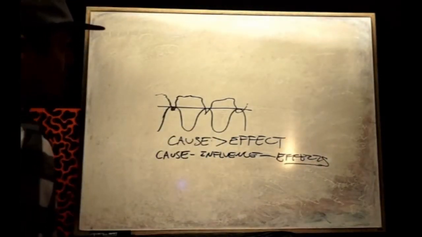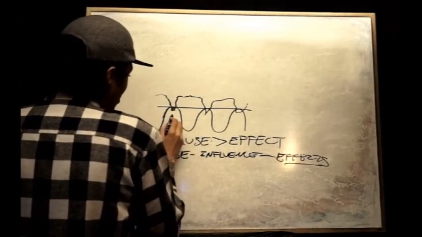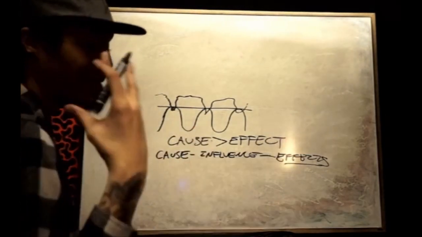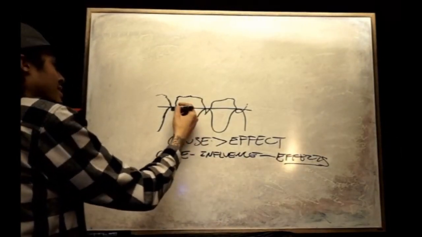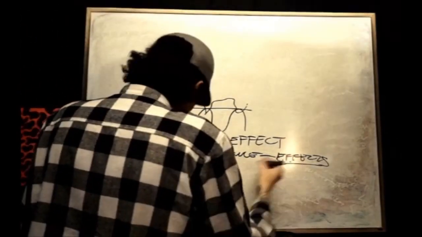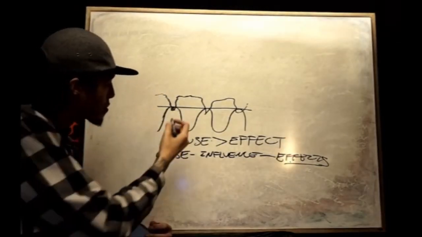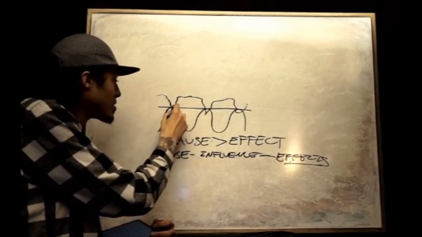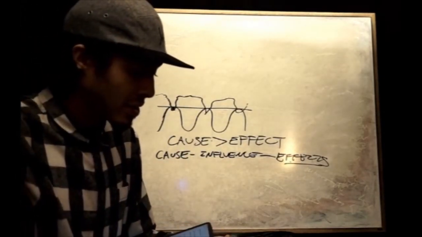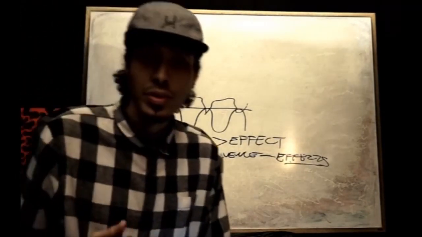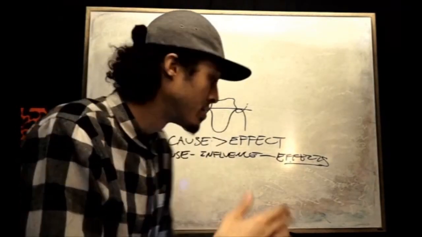Okay? So it's not as straightforward as that the signal just comes into your consciousness and then you just perceive it. The signal has some kind of influence, and then the influence causes some kind of effect. Whenever you probe, the signal gives you an impulse. Now this is something that you're going to have to observe through practice and doing this over and over again. When you probe, you're going to get an impulse.